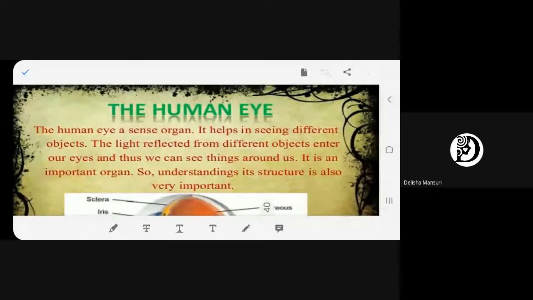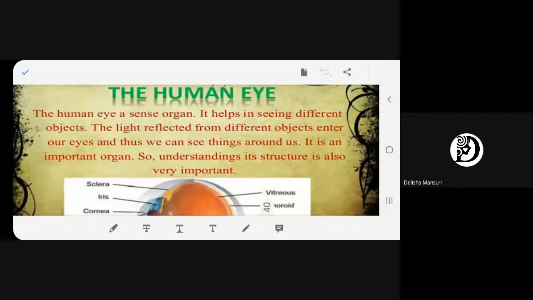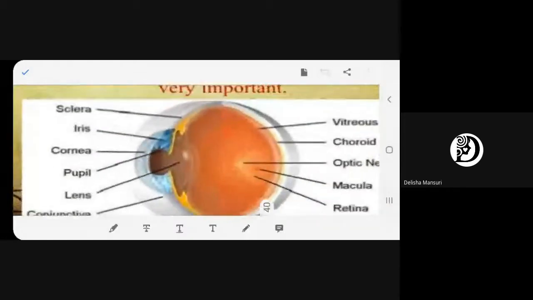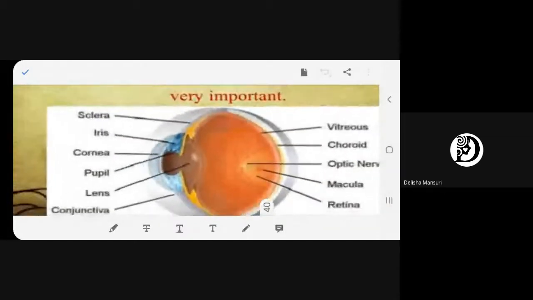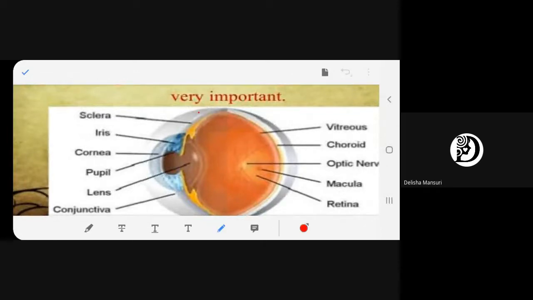So what is the eye made up of? Let's see. You can see a watery white, jelly-like substance like this. Yes or no?